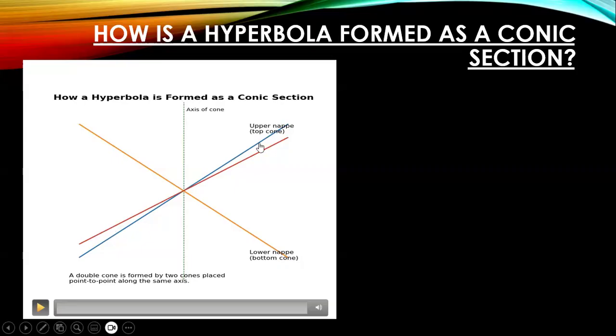This top part will be our top cone, or the upper nappe, and the bottom part is the lower nappe, or the bottom cone. The double cone is formed by the two cones placed point to point along the same axis. This is one cone, then we have another cone from here to here.